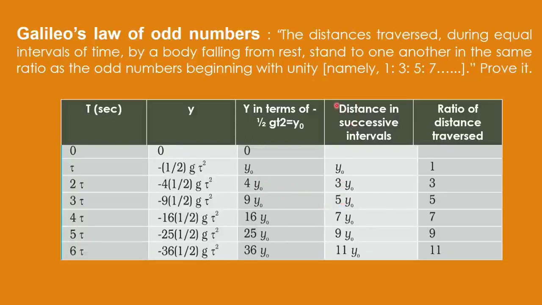So that is distance traveled in successive intervals. It means first second, second second, third second, fourth second, like the nth second we do. So on the basis of that only you can prove that the ratio of the distances traveled in each interval is 1:3:5:7, and so on. So this is again on the basis of your nth second knowledge we have already discussed with you.